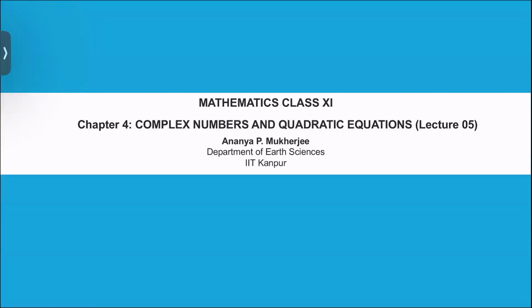Till now we have seen how we can apply addition, subtraction, and how we can find the product as well as the quotient between two or three complex numbers. We also saw how we can find the power of one single complex number.